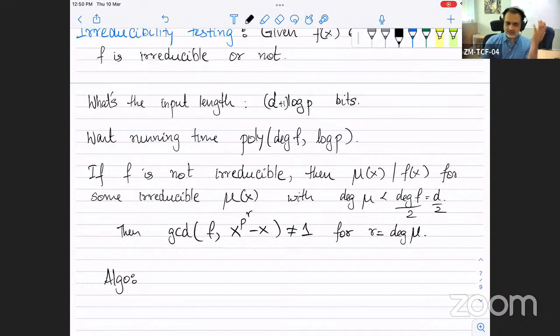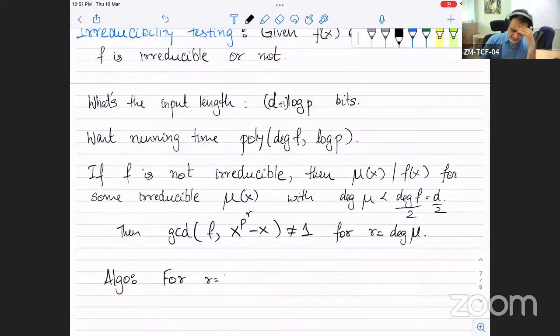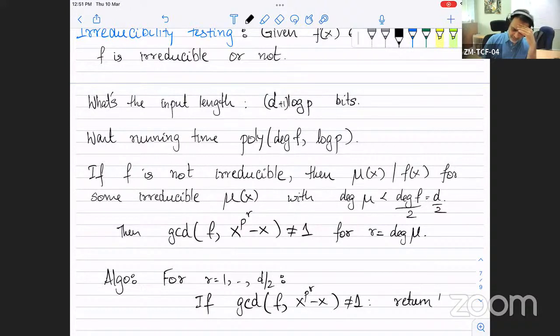So the algorithm is super simple. For r going from 1 all the way till d by 2: if GCD of f with x power p power r minus x is not equal to 1, return false.